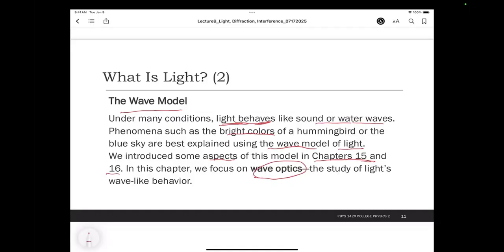We have already talked about some characteristics in chapters 15 and 16 for sound waves or water waves, and for light waves, for example the interference a little bit. But in this chapter we mainly focus on wave optics and the light's wave behavior, and this is the wave model.